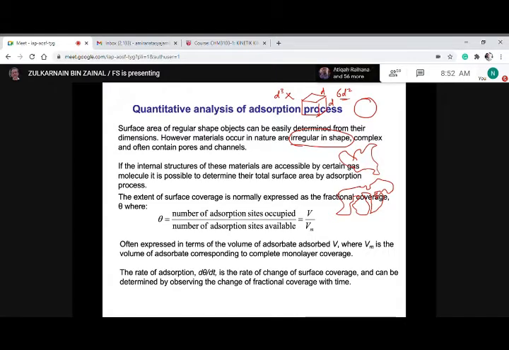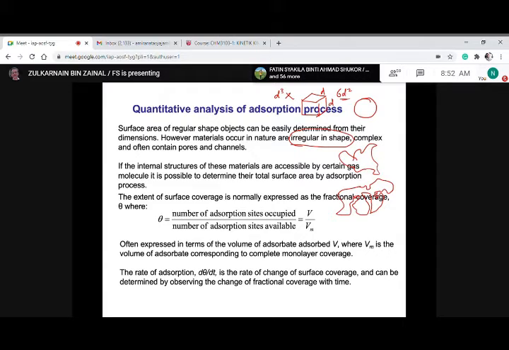So it is even more difficult. So what you have got to do is the adsorption process, and get how much of the adsorbate or gas is adsorbed on the surface.